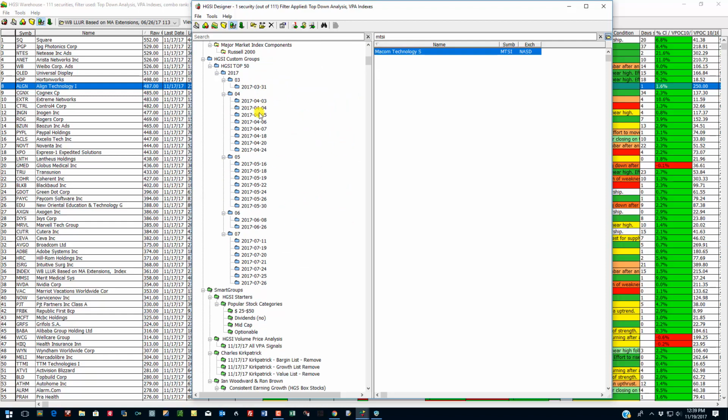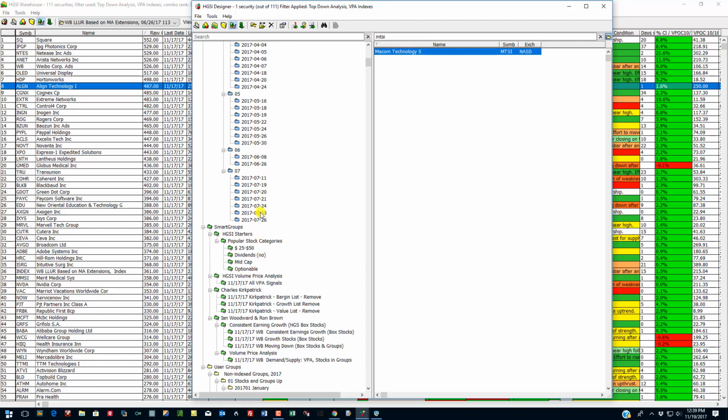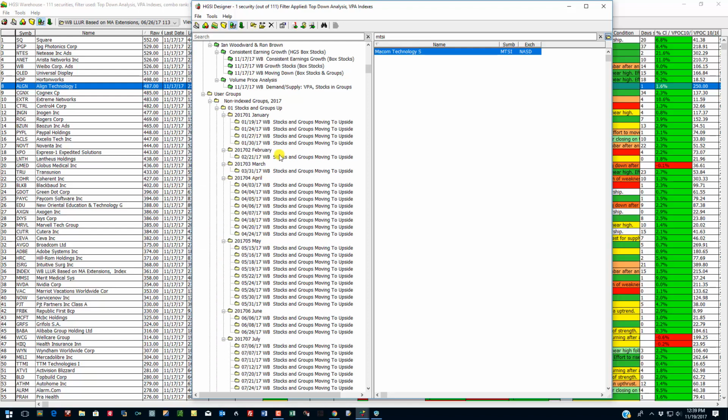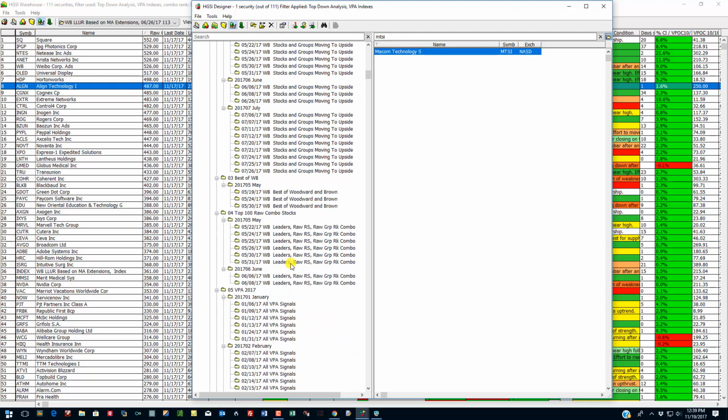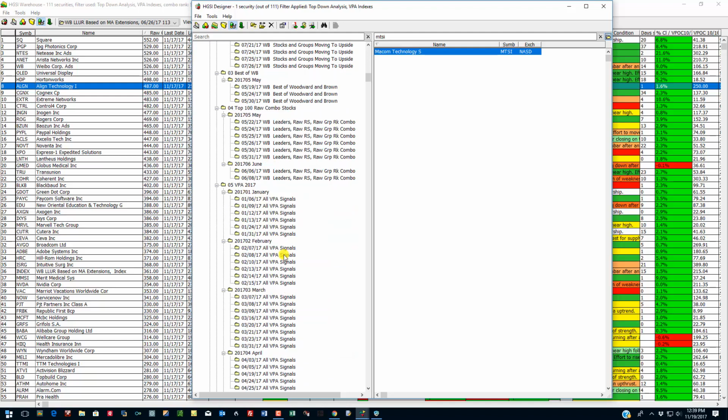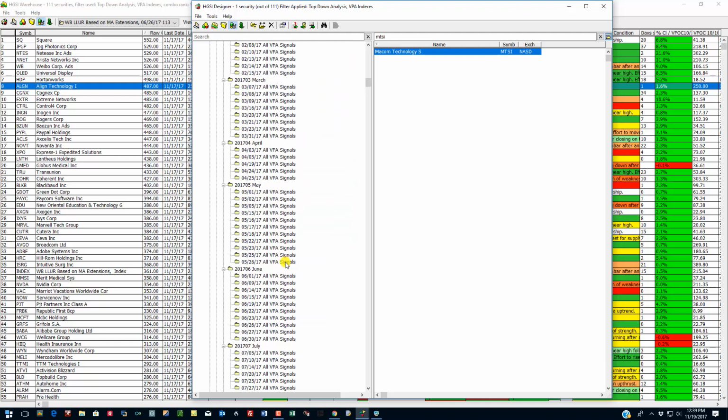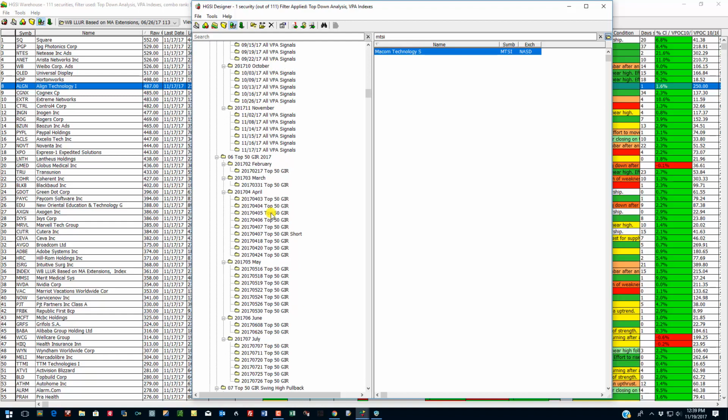Okay, now it was appearing in the top 50 in April and May, a couple of times in June, sometimes in July. It was in stocks and groups moving to the upside, June and July. Then it disappeared. It was in Best of Woodward and Brown many times, but notice how it just really dropped off the radar after, well, disregard the VPA signals because those are both bullish and bearish.